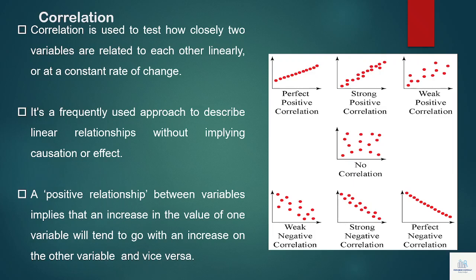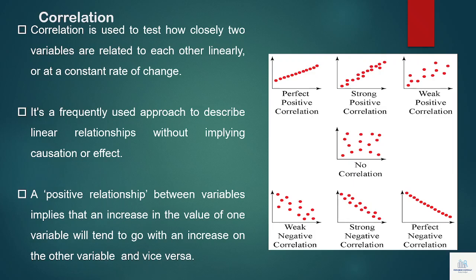That's talking about correlation. And it is usually used to describe a linear relationship, but it does not mean causation or effect. What are we trying to say? That it doesn't mean that that is what caused it.